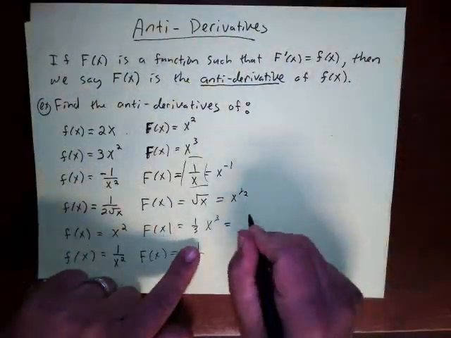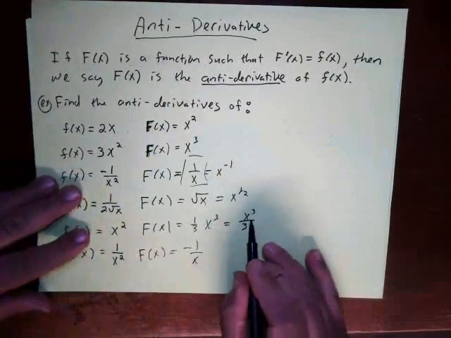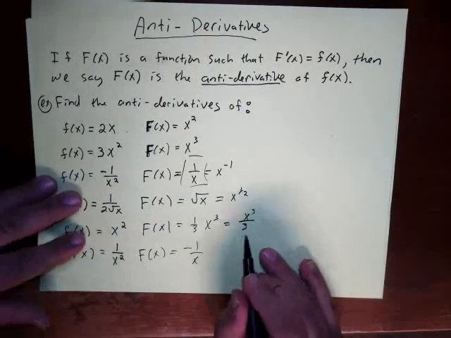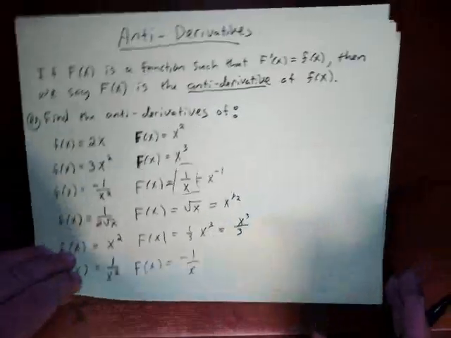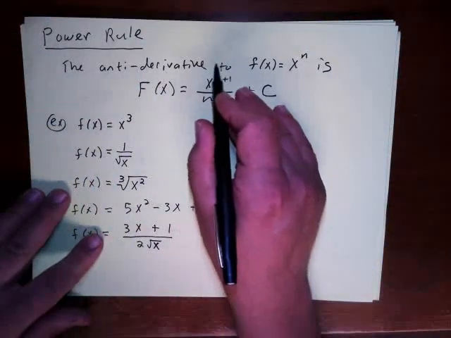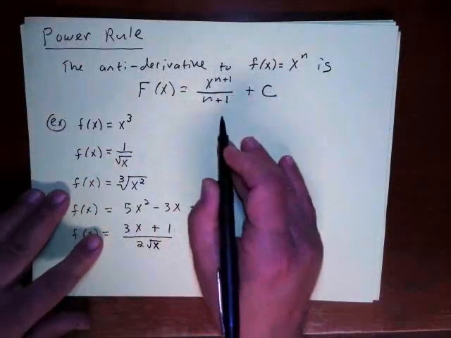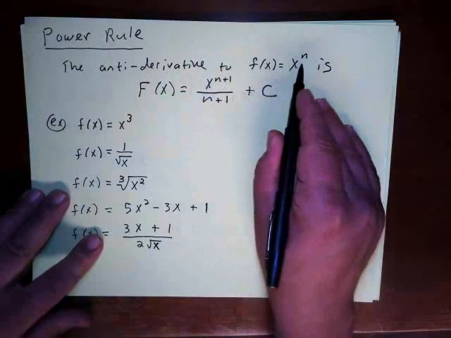I could have written x cubed over 3. So this is the n plus 1, this is the n plus 1. And so this n plus 1 here basically is there so that when you bring down the n plus 1s, those can cancel out, and you subtract 1 from the exponent and you get this.